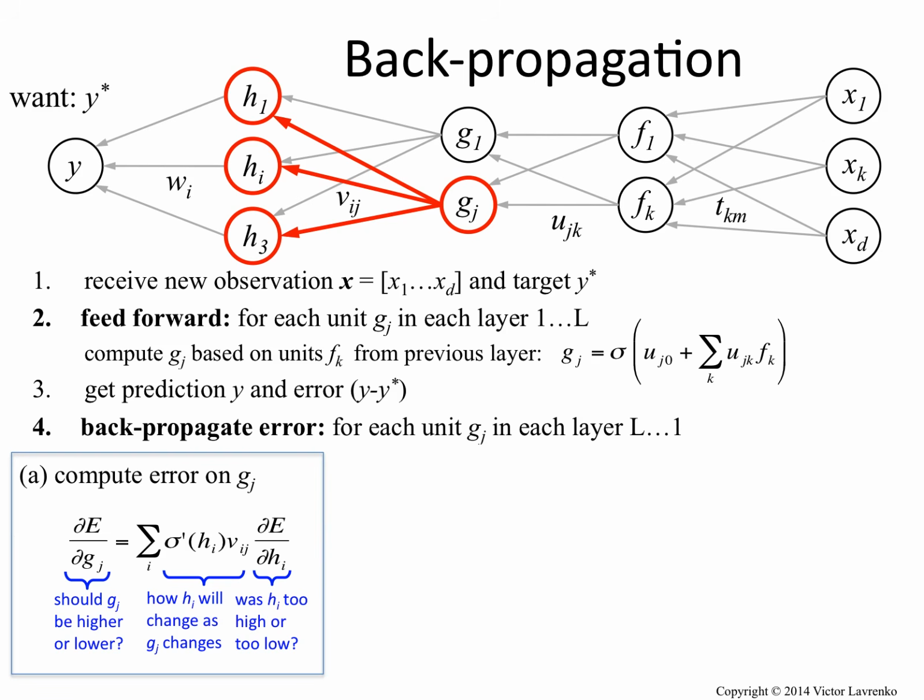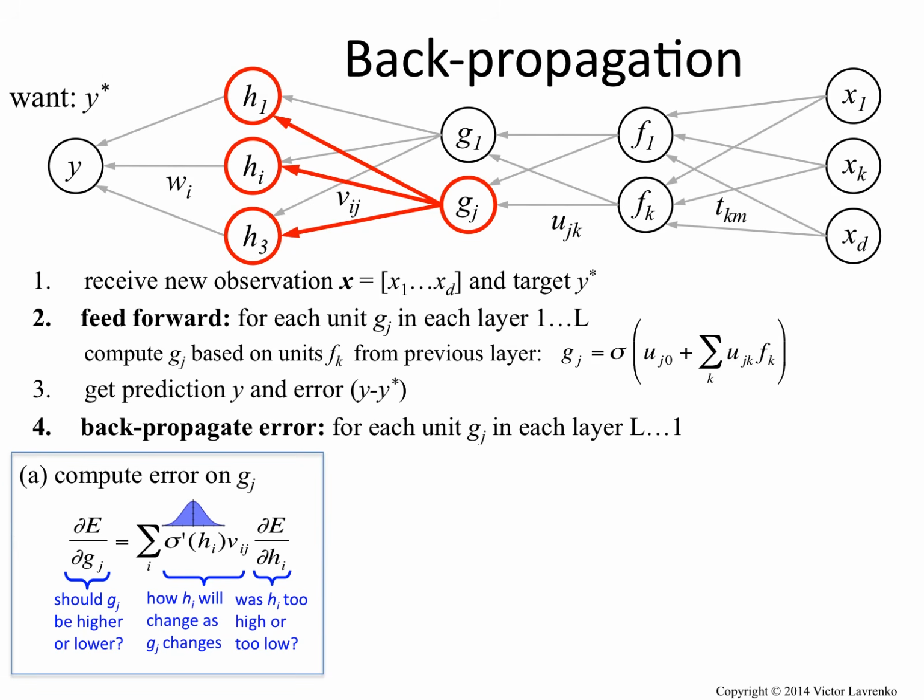The other part here is the derivative of the sigmoid. Right? Because all of the nodes are sigmoids, by chain rule that thing pops up all over the place. It may look intimidating. It's really just a function that looks like that. So it's a scaling function that says that if H was around 0, then whatever changes you make to G will affect H a lot.